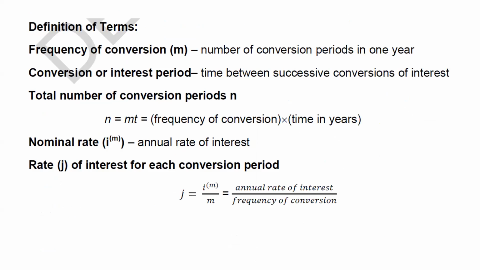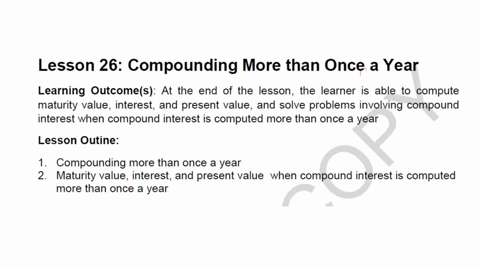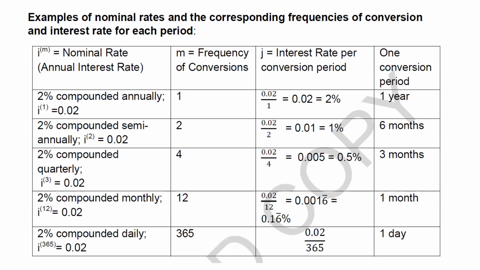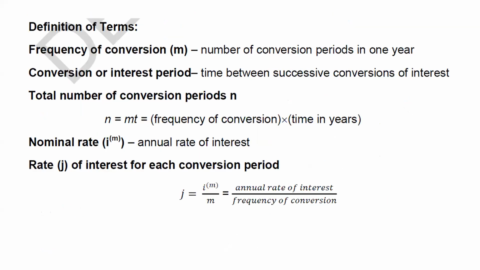Total number of conversion periods is the frequency of conversion times the time in years, n = mt. For example, the compounding period is quarterly, for 5 years. So that is the compounding period, but the total number of conversions, how many times it earns interest all in all, is n. It is the frequency of conversion times the time.